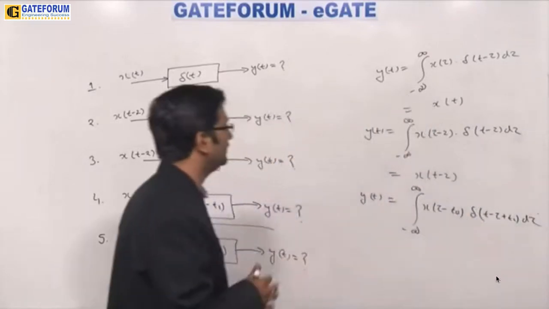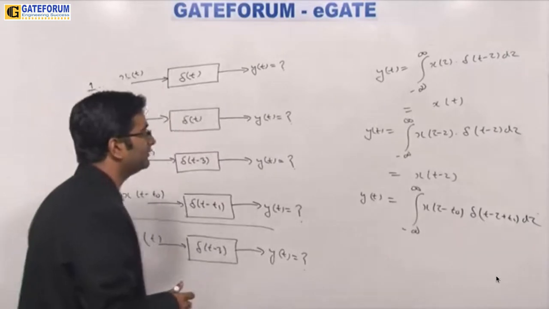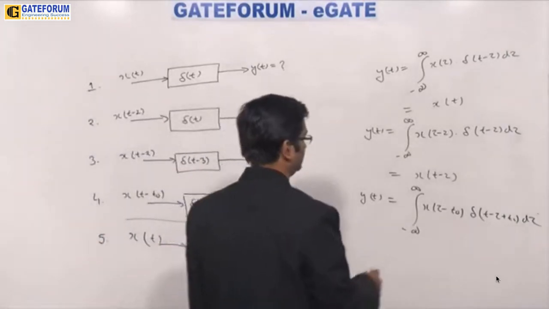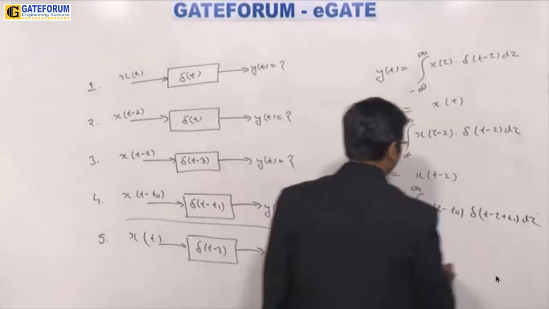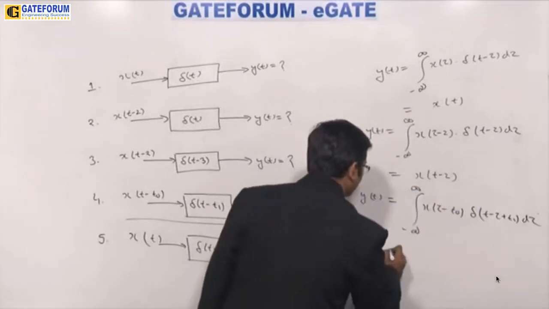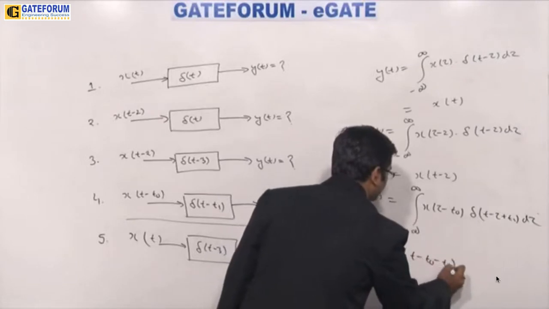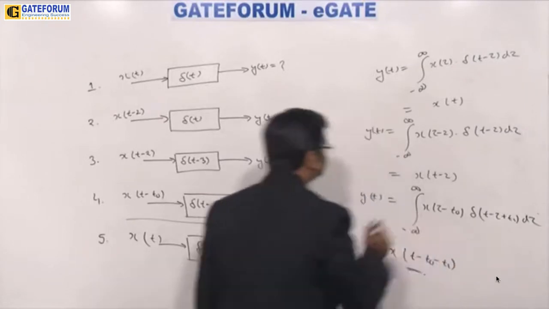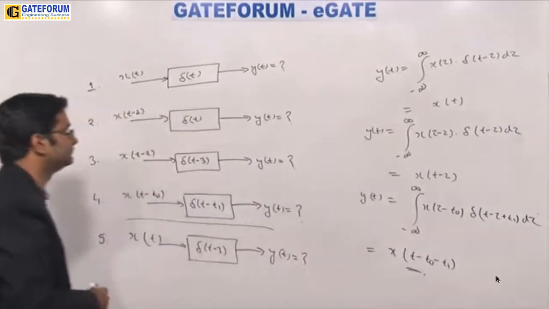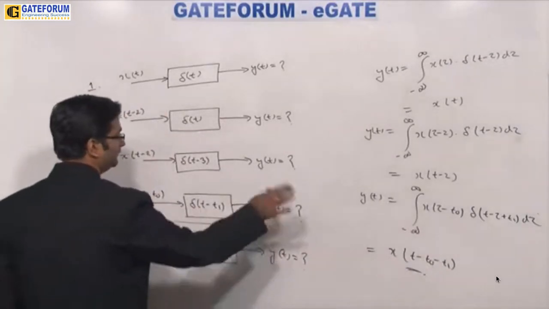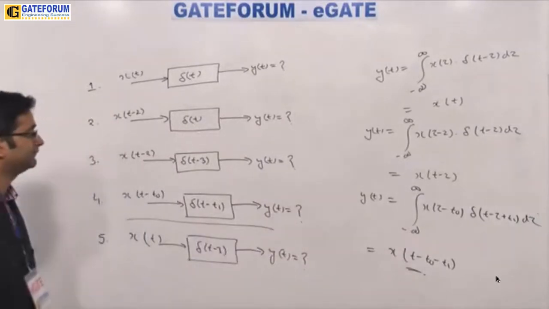Now what is t naught here? It is t minus tau 1, so that becomes x of t minus t naught minus t1. So now if you substitute different values of t naught and t1, you will get different answers there.